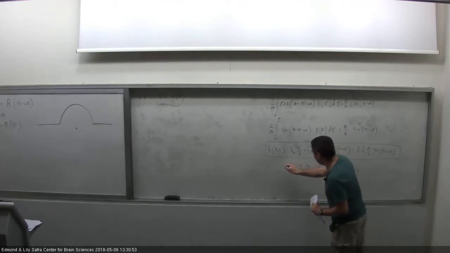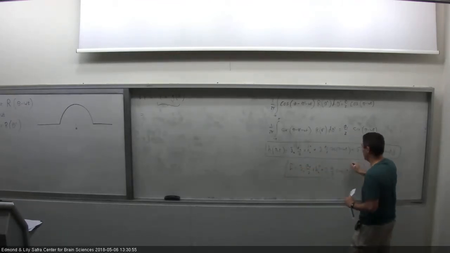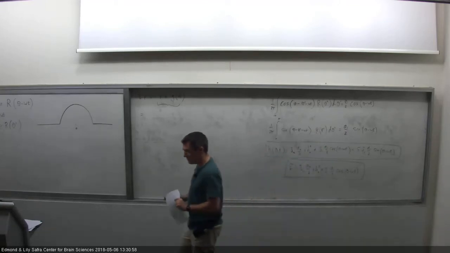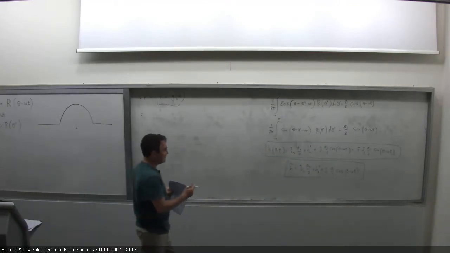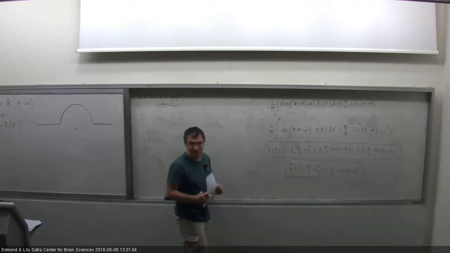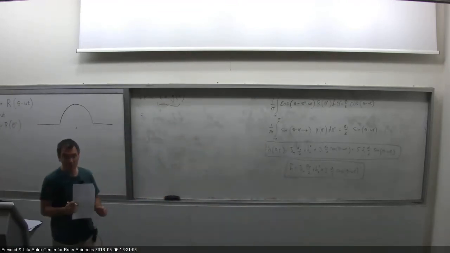So H tilde is the input of the unperturbed network.